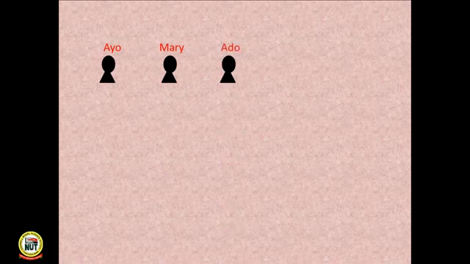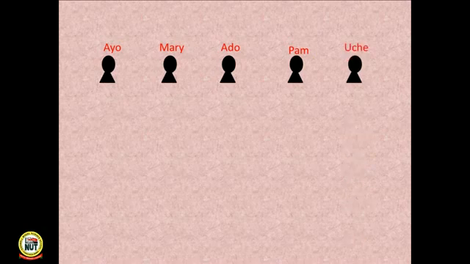Then Mary, followed by Ado, and then Pam. And the last person is Uche. So these are the 5 wonderful pupils that are going to share 15 oranges.